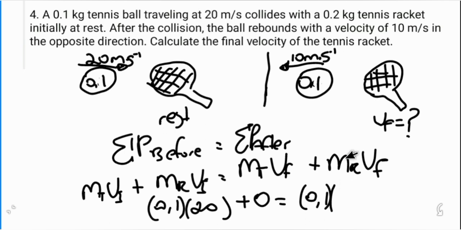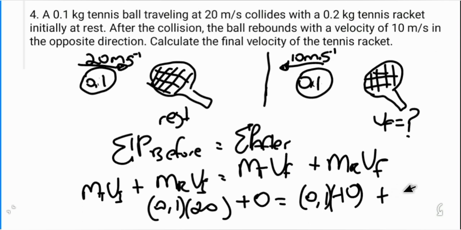Now the ball rebounds in the opposite direction of the motion. If we substitute here, we are not going to substitute positive 10 meters per second. We need to substitute negative 10 meters per second because it rebounds in the opposite direction. If it was going to the right, then it's going to rebound to the left.